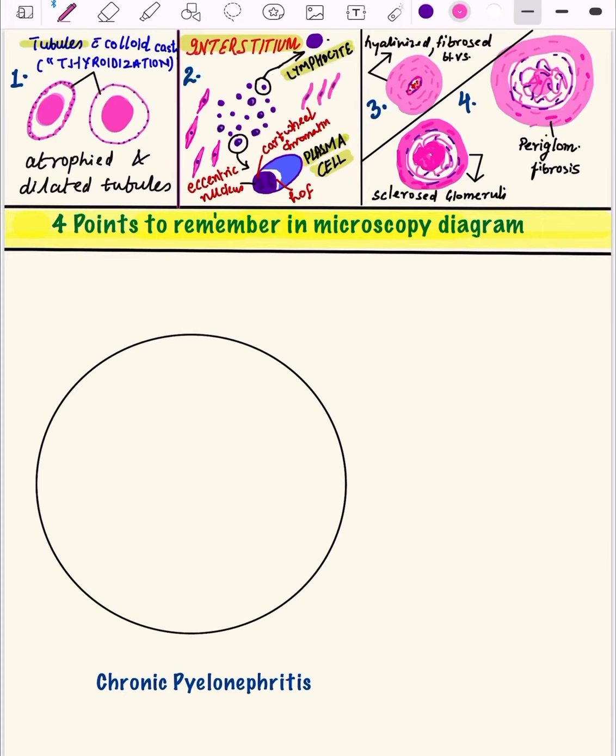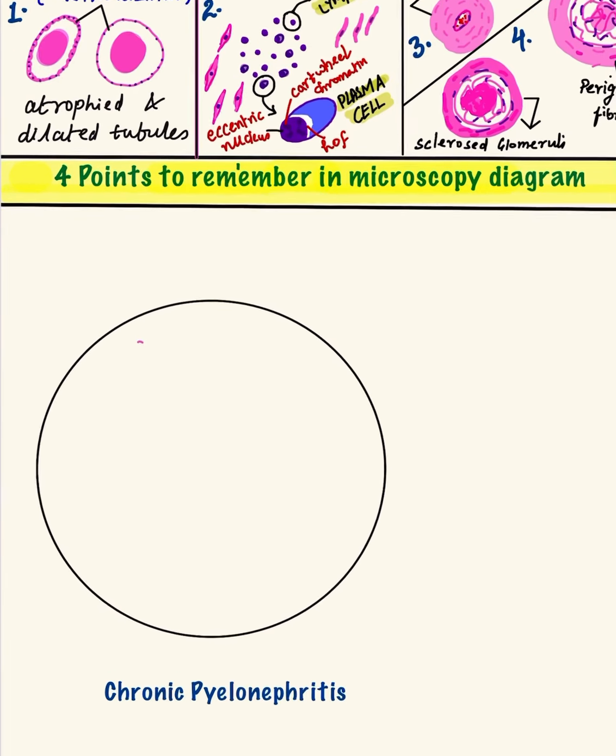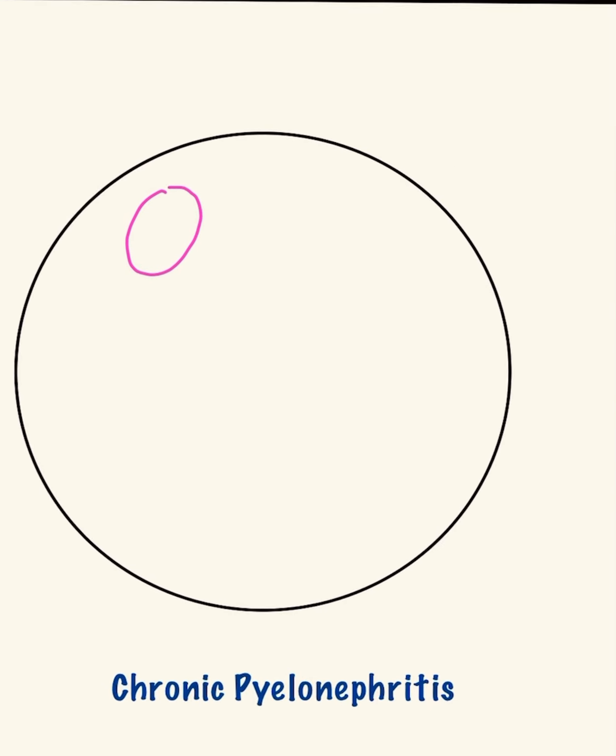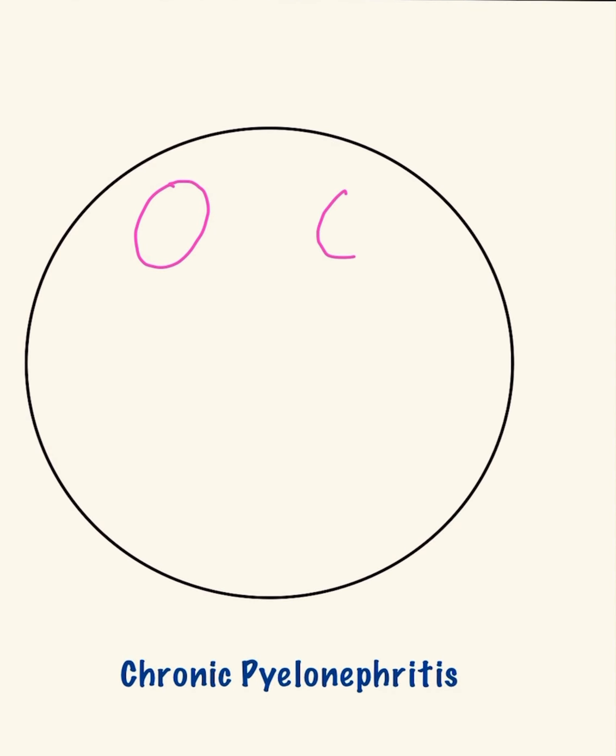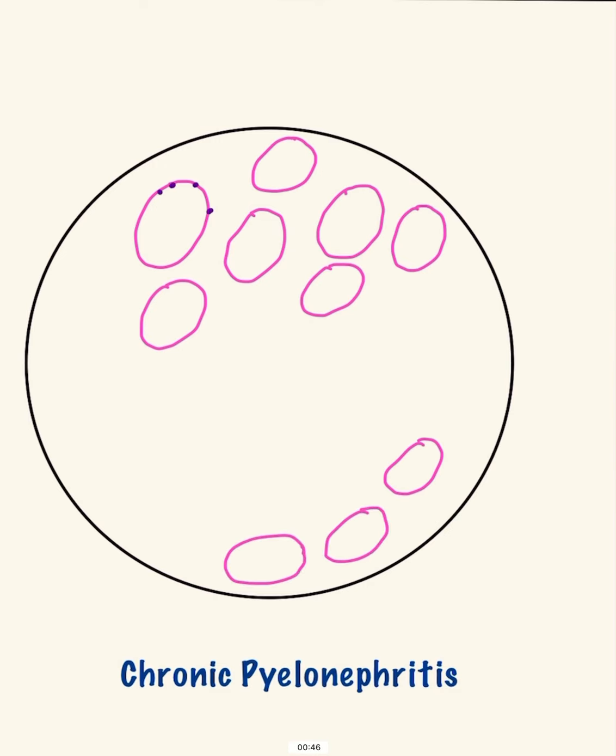Now let's see how we make this diagram. First of all, we make the tubules. We make these dilated tubules having a flattened lining.